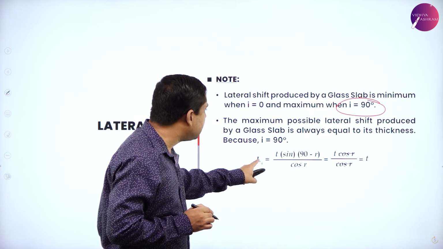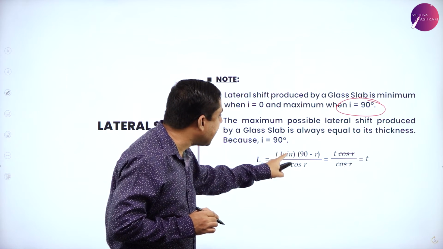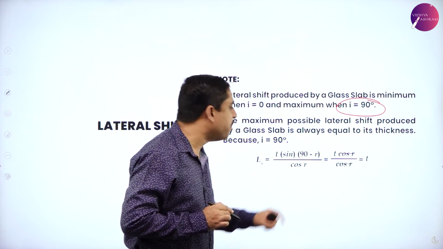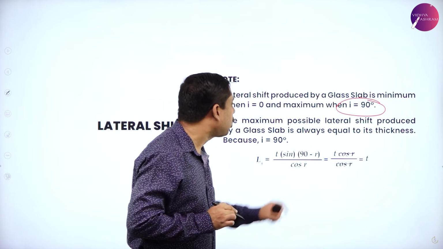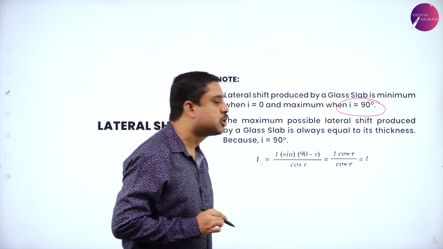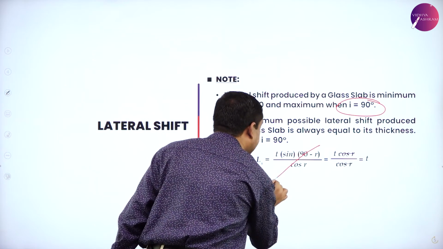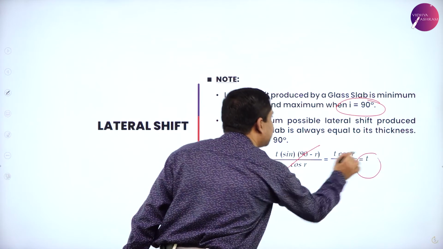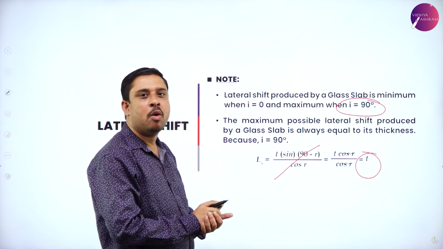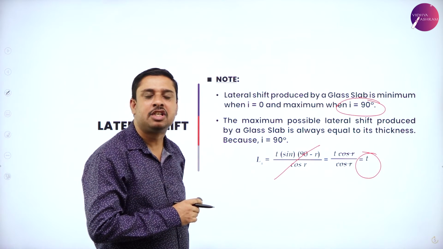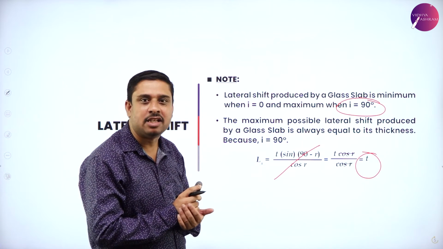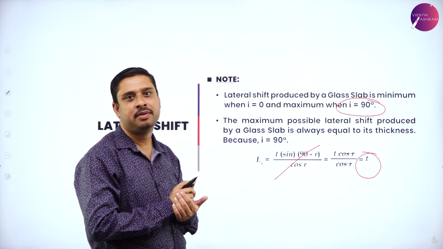So lateral shift is T sin(i minus r) by cos r. With i as 90, sin(90 minus r) is cos r, so it gets cancelled. What remains is T. So the maximum possible lateral shift is nothing but the thickness of the glass slab.